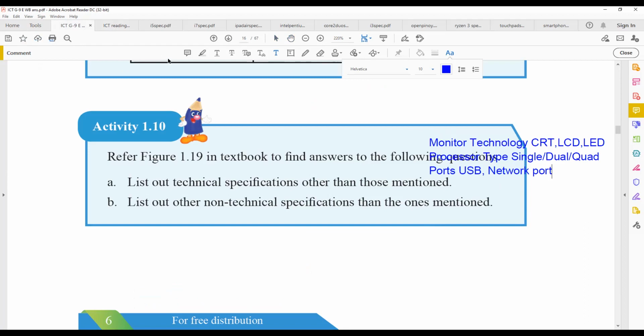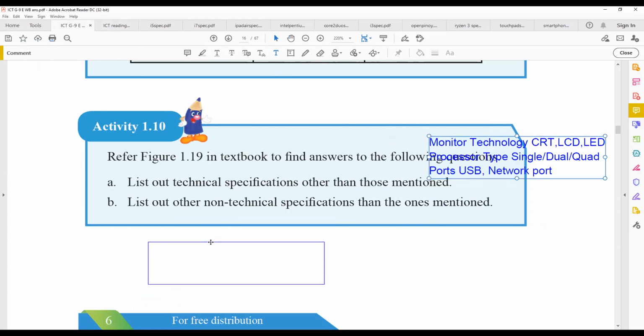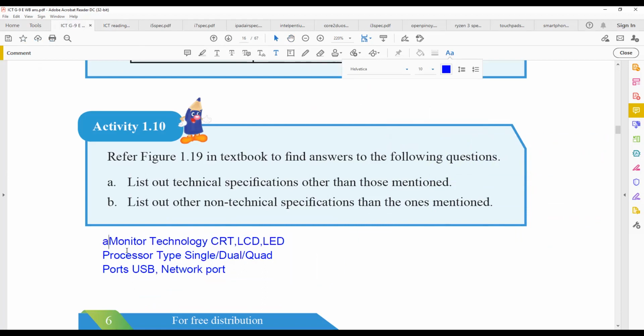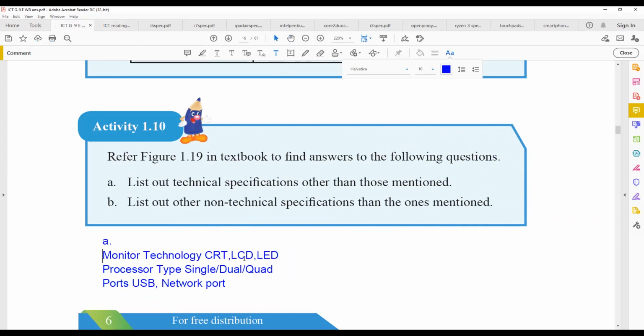So the answer for A is monitor technology, processor type, and USB port.